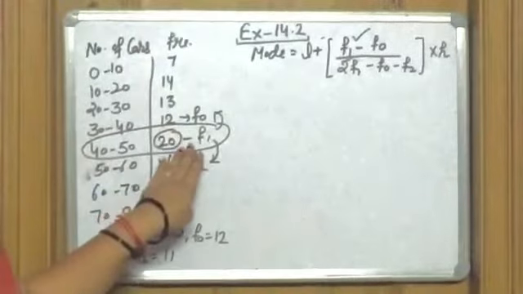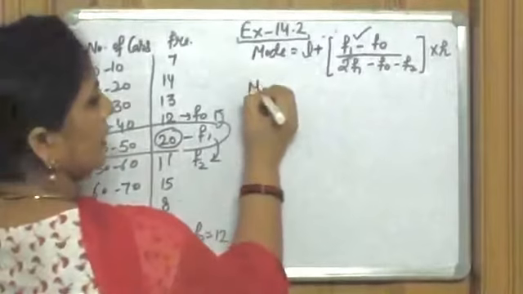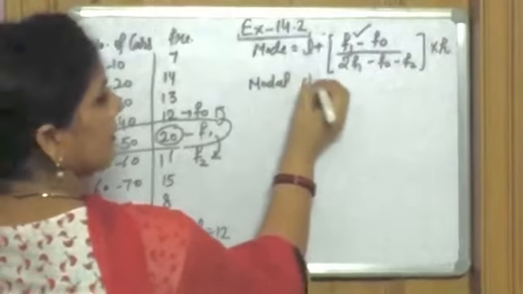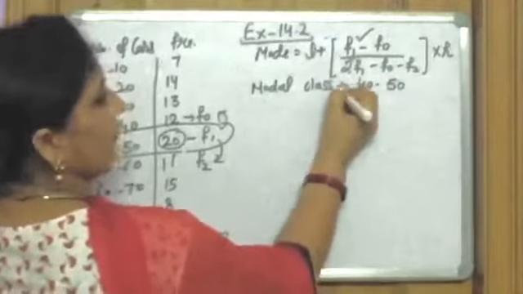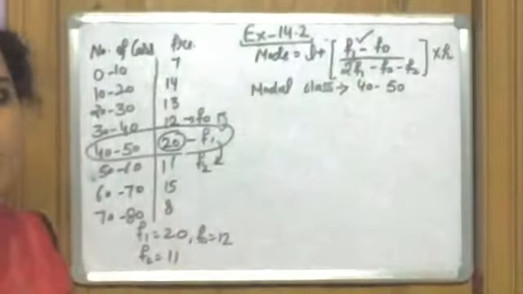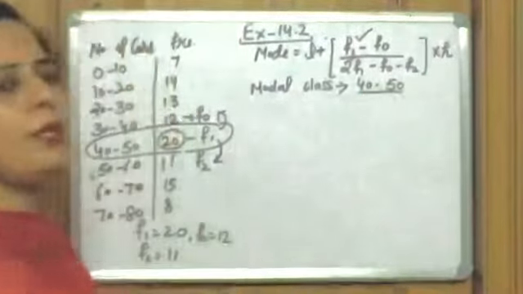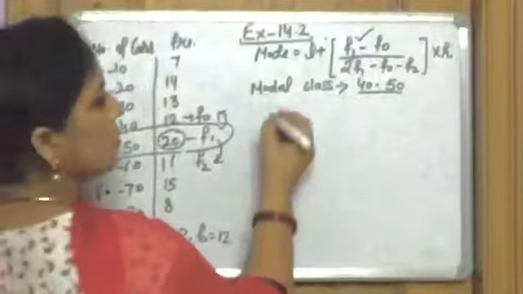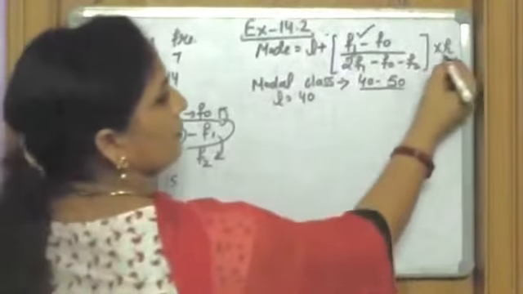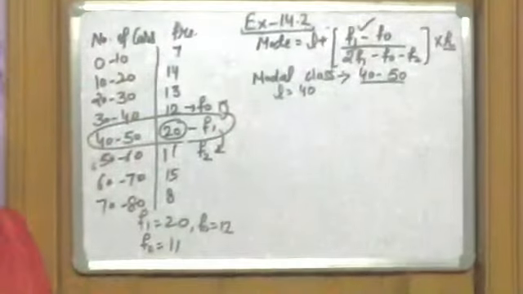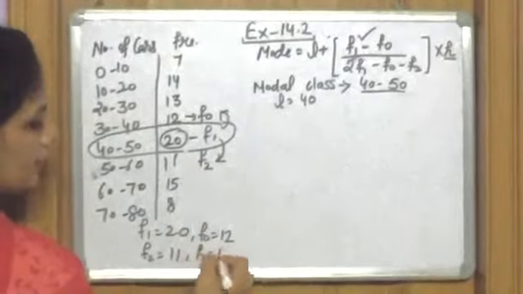And the class interval of F1 is 40 to 50. So we can say that the modal class is 40 to 50. We will find the value of L. L means the lower limit of this modal class, and the lower limit of this modal class is 40. So we can say that L is 40. Also H. H is the height of the class interval, and the height of the class interval is 10.